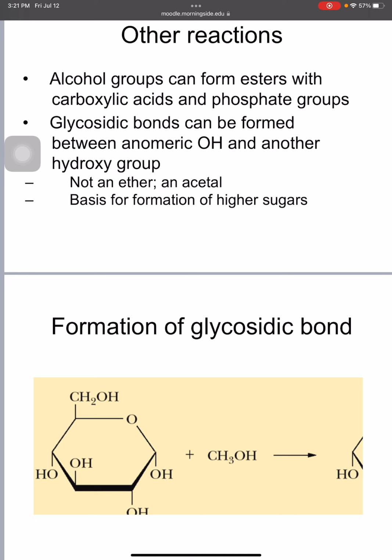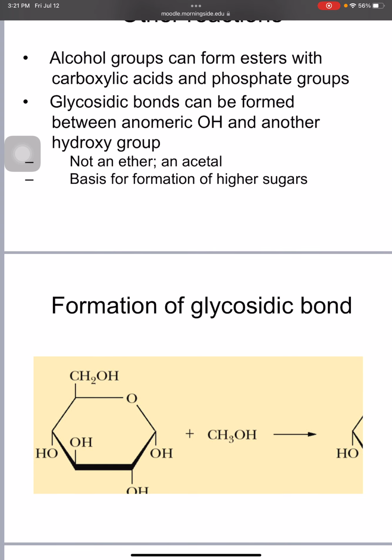Right? Here's an example. Basically what happens when you form a glycosidic bond is that you take the OH group on your anomeric carbon and you react it with another hydroxy group. And you end up with a linkage.